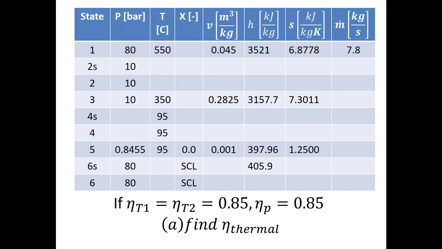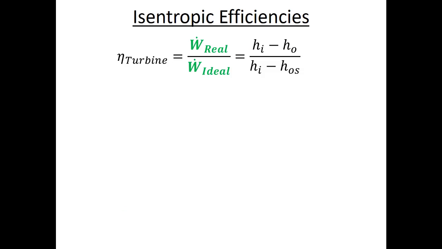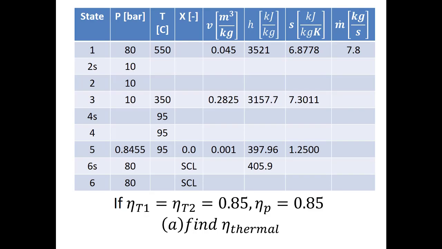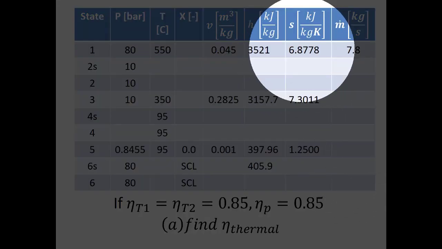But I always like to do the symbolic equation first, because then I know what are the things that I actually need to fix. So I'm not wasting my time solving all the specific enthalpies if I don't need them in the equation that I'm using to get my final answer. So, isentropic efficiencies. So here, right, I know something about the inlet to the first turbine, right?